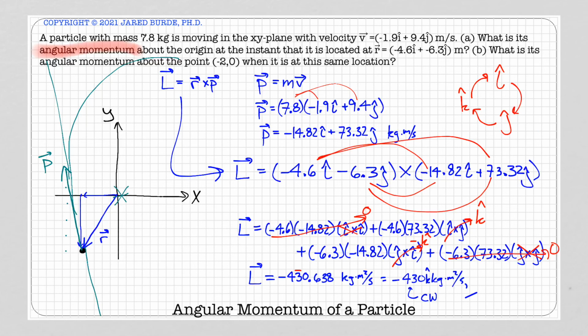If we wanted to find the angular momentum about a different point, we could do that, right? If we were looking at the point 0, 2, and this were going to be our axis of rotation, we would have a new, like an r prime, a new position, and the same momentum would give us a different angular momentum about a different location.